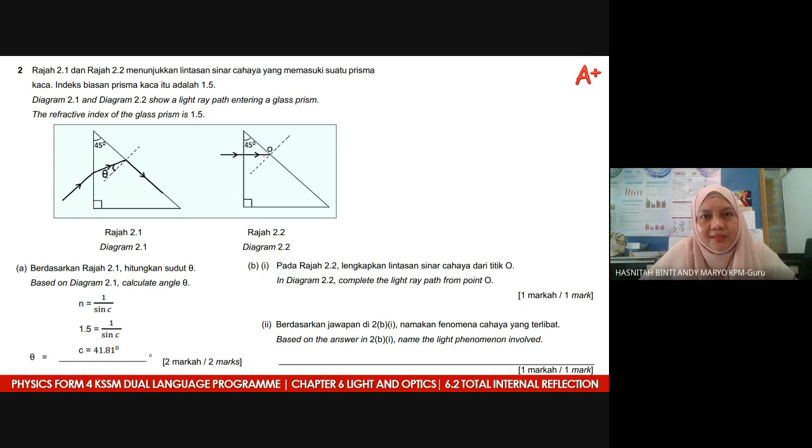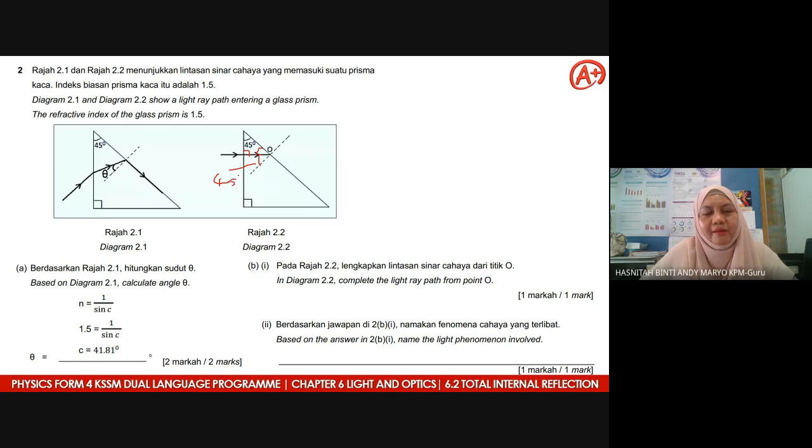What is the angle of incidence here? So this is 45, this is 90 degrees, this is also 45. 45, 45, 90, 180, which means the angle here is 45 degrees.